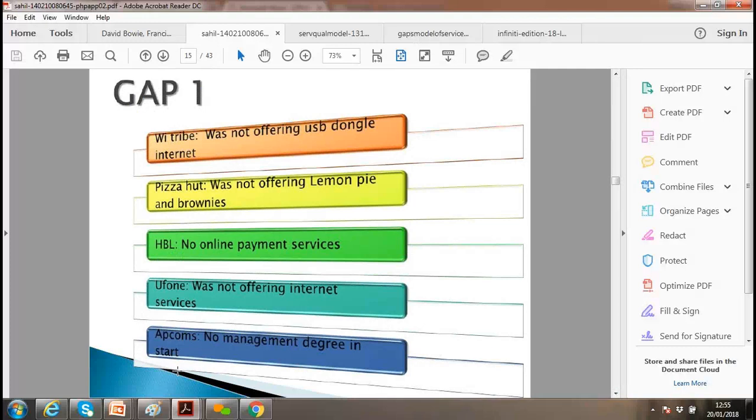Pizza Hut not offering lemon pie and brownies. HBL, one of the banks, had no online payment service. A phone company was not offering internet service. Appcoms, no management degrees taught. So that could lead to gap one.